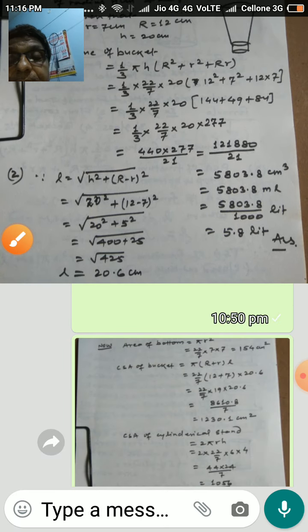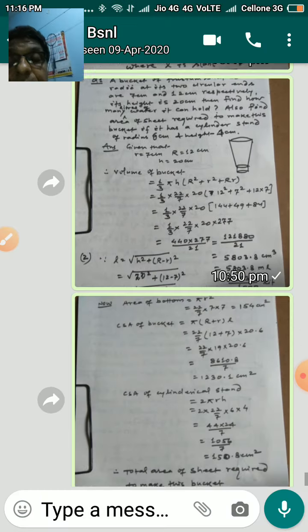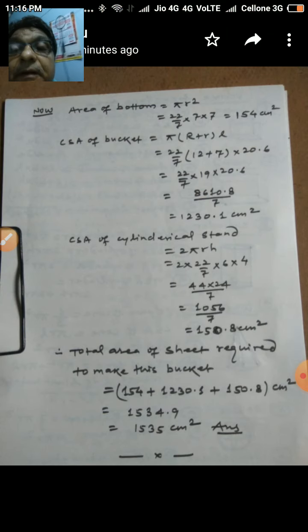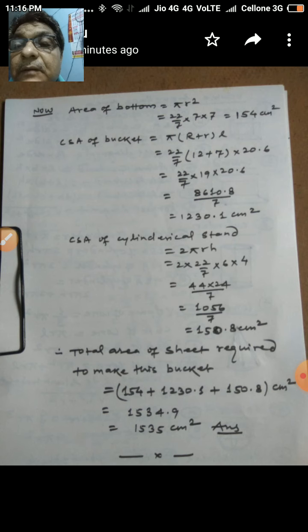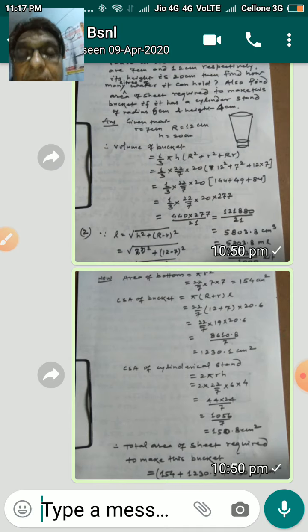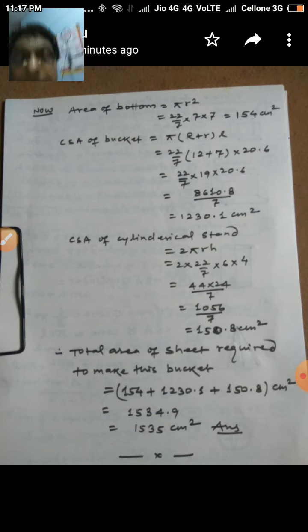After that we take the area of the bottom. Since the bucket has a closed bottom, that is the smaller diameter end is closed, its area is pi r square, which comes to 154 square centimeter.